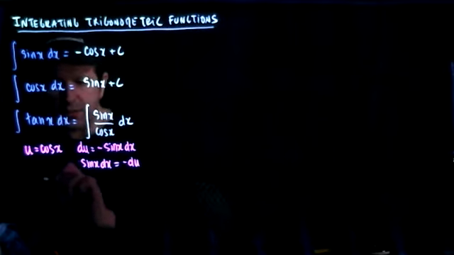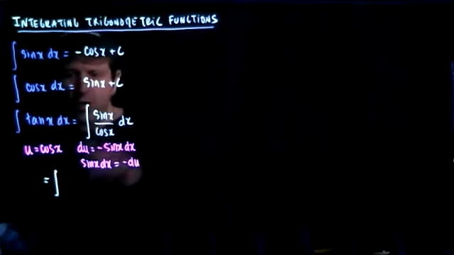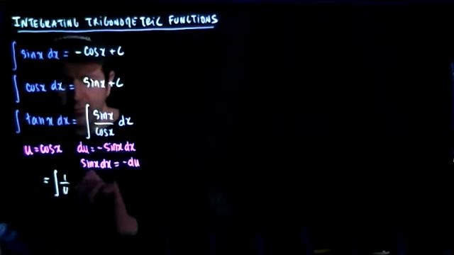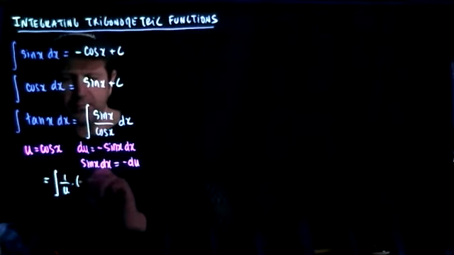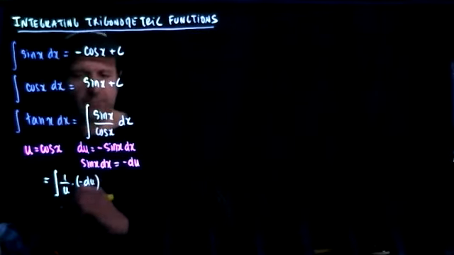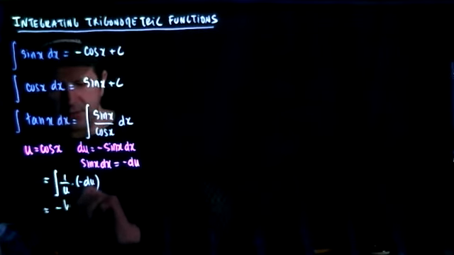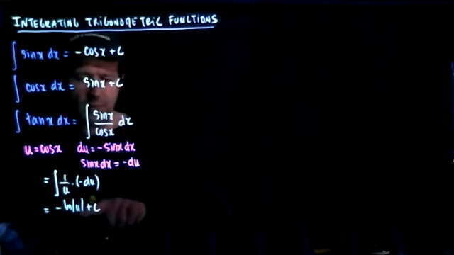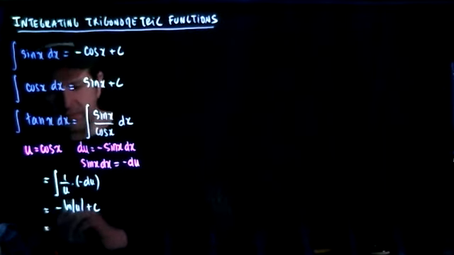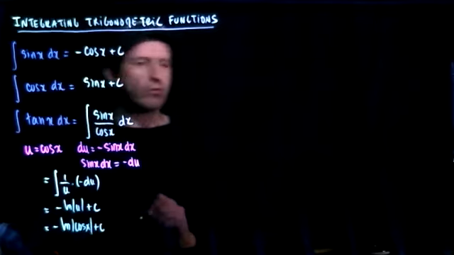And so this integral is 1 over cos, so 1 over u, times sine x dx, which is negative du. This is negative ln of absolute value of u, and then you replace the u back by cos and you're done. It's negative ln of cos x. I think this question was one of our worksheets.